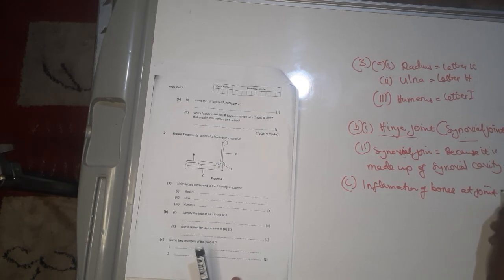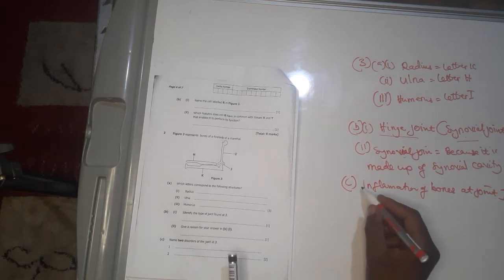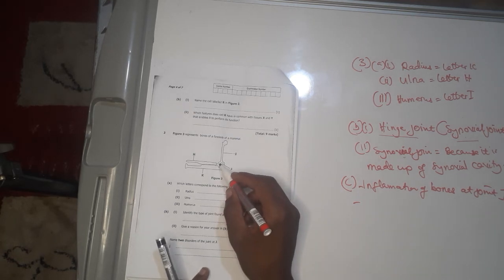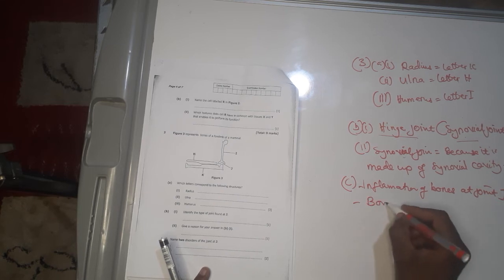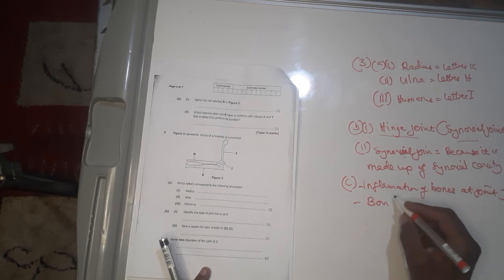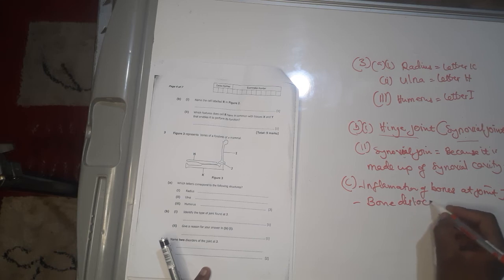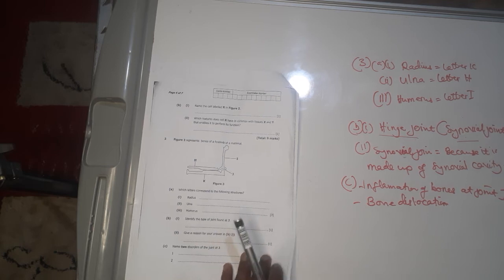In this case, specifically joint J. Apart from that, we have bone dislocation. If you have gone through maybe an accident, this bone can be dislocated, can be moved here. So bone dislocation. Okay, so these are the two disorders for the bone or the joint at J.